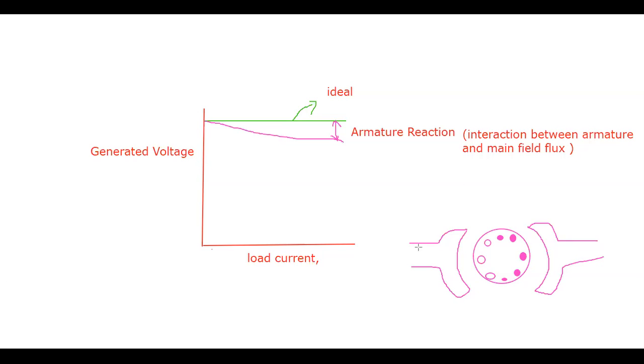This main field is wound with some coils and it is excited, so that current is also flowing, right? Now I consider this one as a north pole and this one as a south pole.